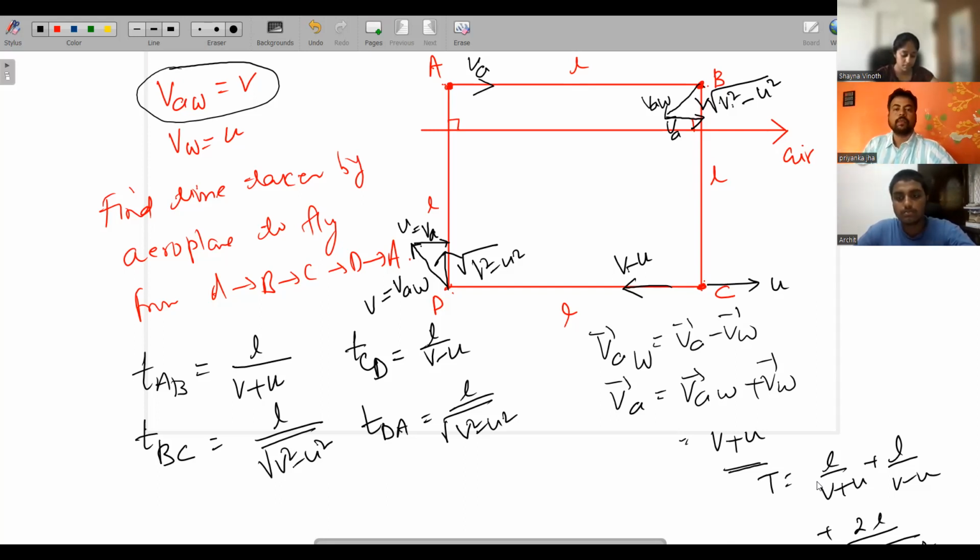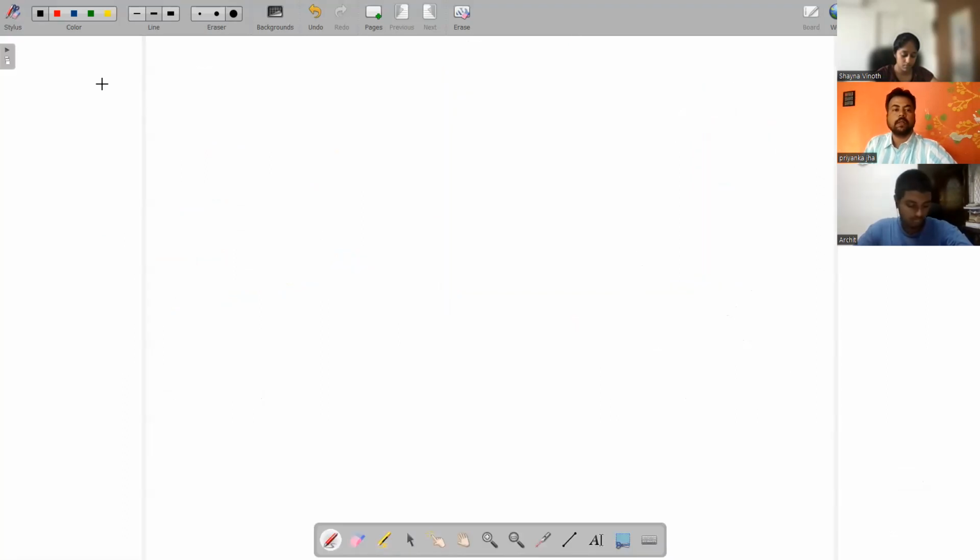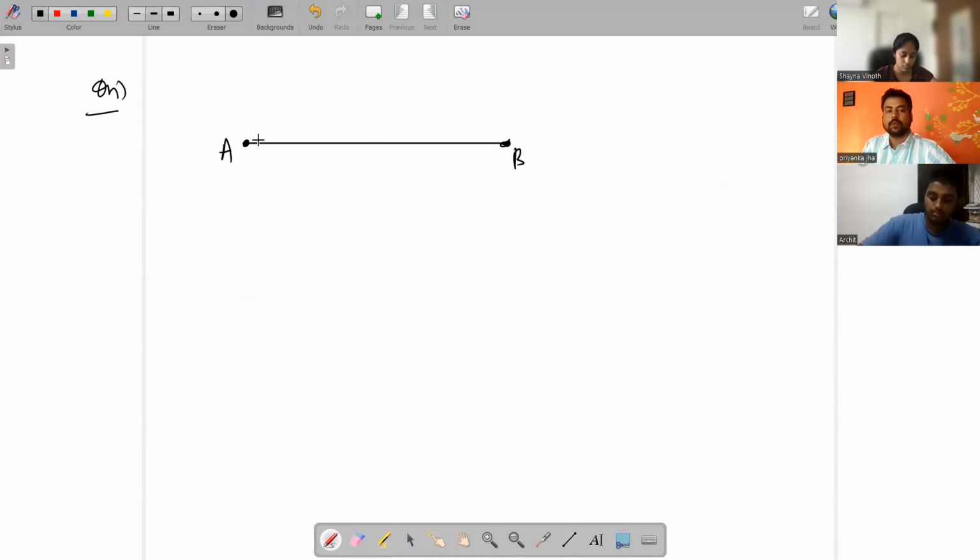Now I'll give you one question. Suppose this is town A and this is town B. Suppose the aeroplane wants to come from town A to town B. And here wind is blowing in this direction, at a certain angle with the line joining town A and town B. This angle is given.